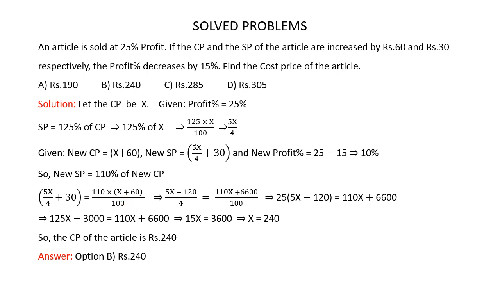On solving this, we get x is equal to 240. So the cost price of the article is rupees 240. The correct answer is option B, rupees 240.